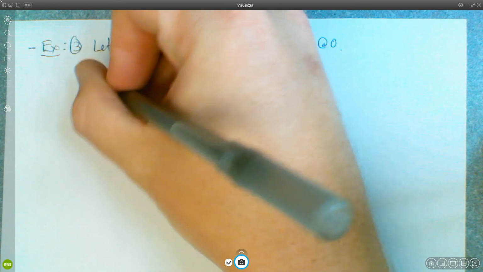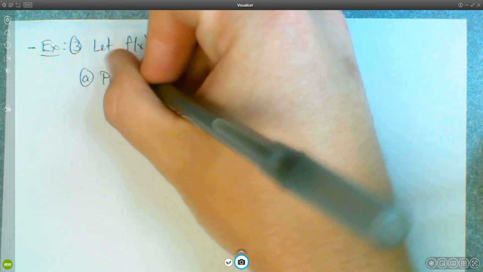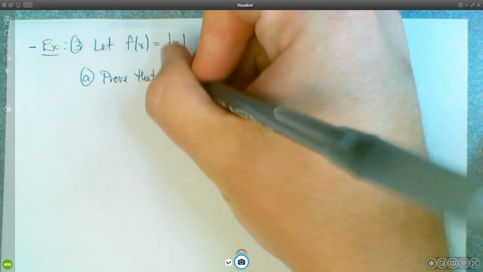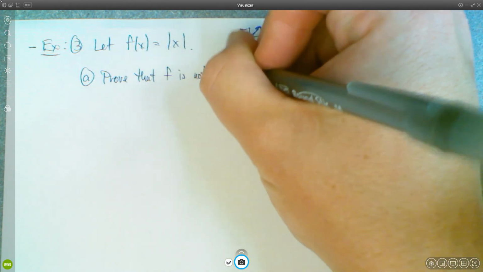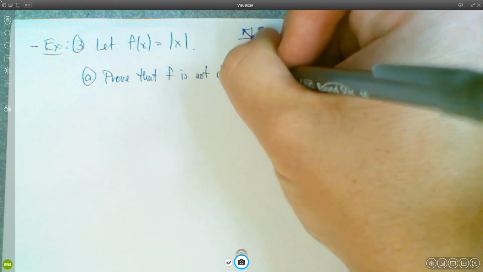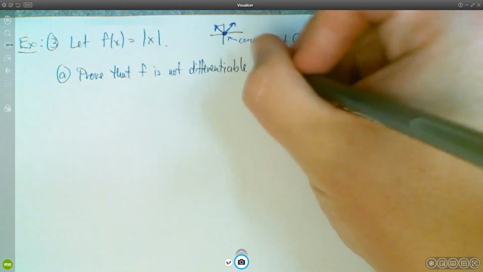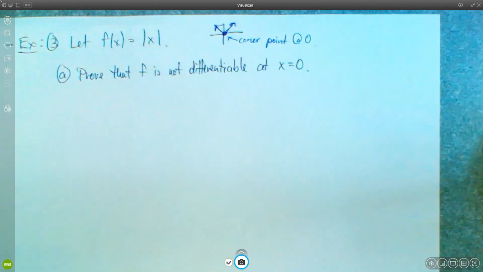So let's prove that. Part A: prove that f is not differentiable at x equals 0.